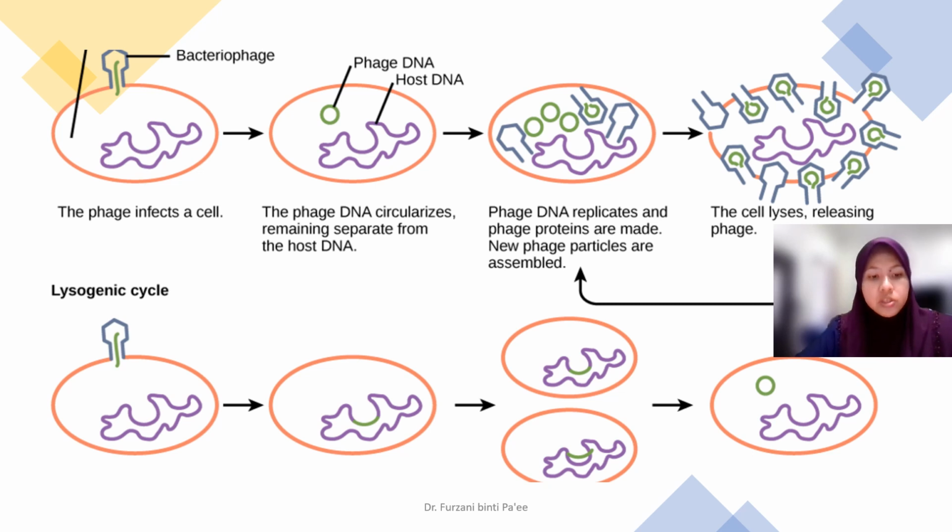Then the endogenous phages become active. At this point, they initiate the reproductive cycle, resulting in lysis of the host cell. As the lysogenic cycle allows the host cell to continue to survive and reproduce, the virus is reproduced in all of the cell's offspring. An example of a bacteriophage known to follow both the lysogenic cycle and the lytic cycle is the phage lambda of E. coli.